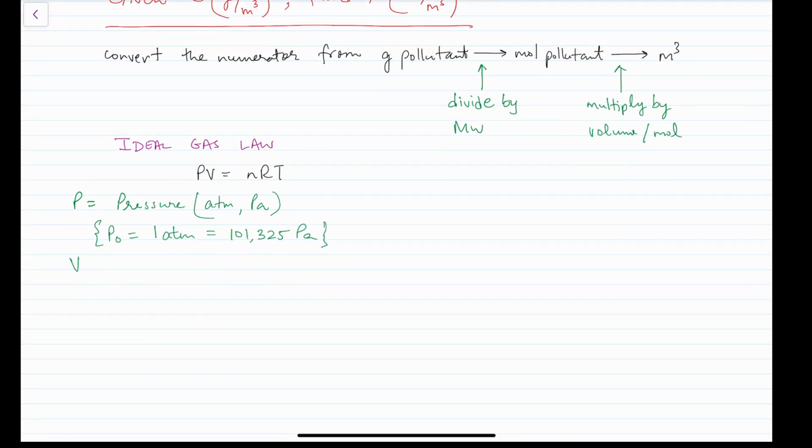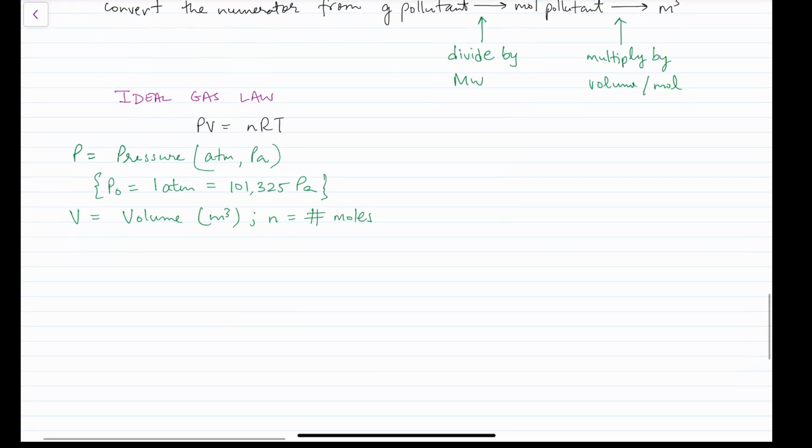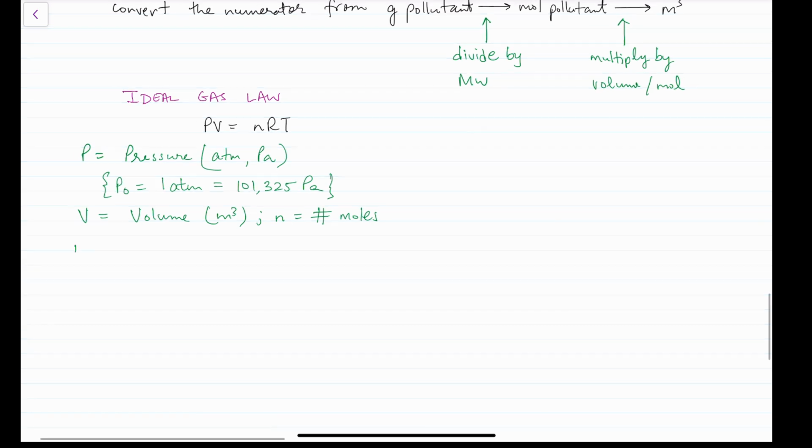V is volume. Could be in meter cube, could be in liters. N is number of moles. And R is the ideal gas constant.